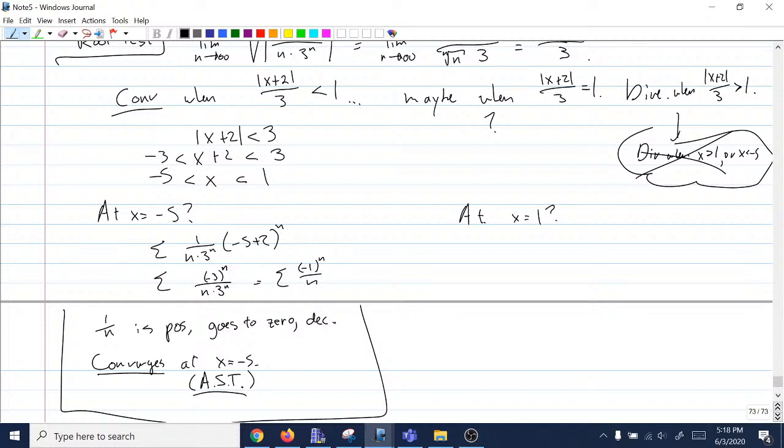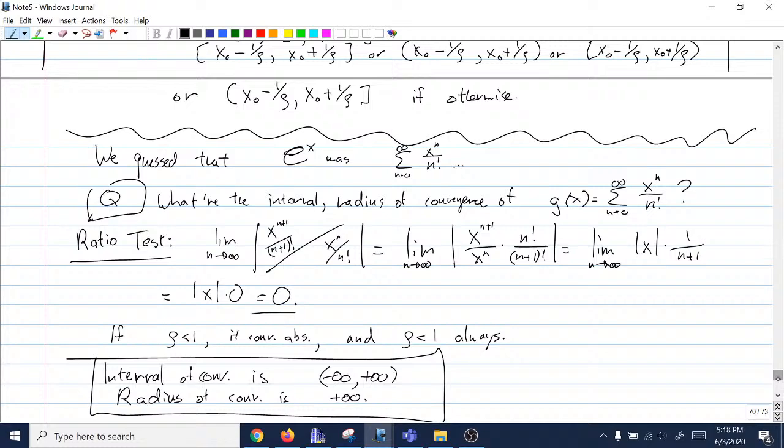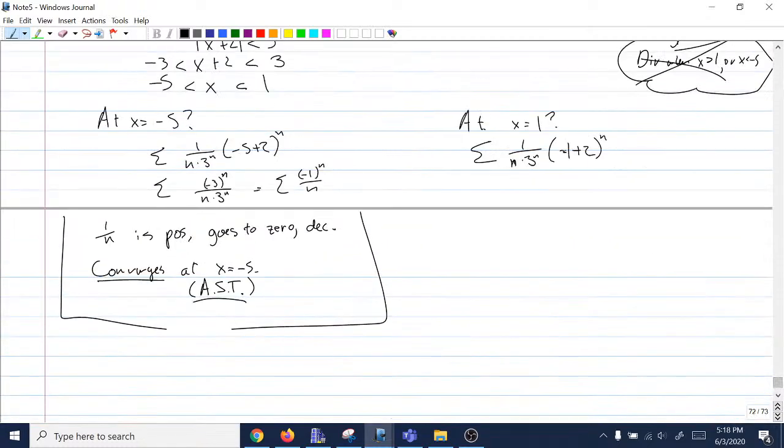At x equals negative 1, what's going on? I'm thinking about the sum of 1 over n times 3 to the n times negative 1 plus 2 to the n. Was it negative 1? No, it was 1 plus 2. It's positive 1 is the endpoint I care about. So 1 plus 2 to the n. This is the sum of 3 to the n over n times 3 to the n.